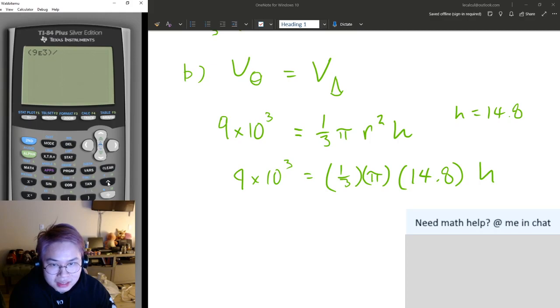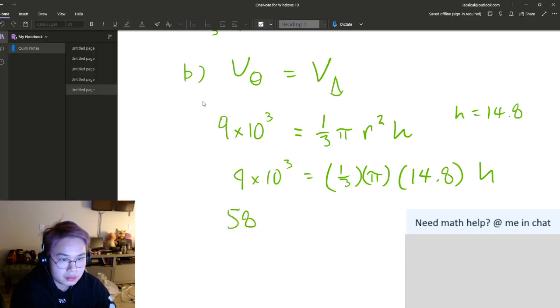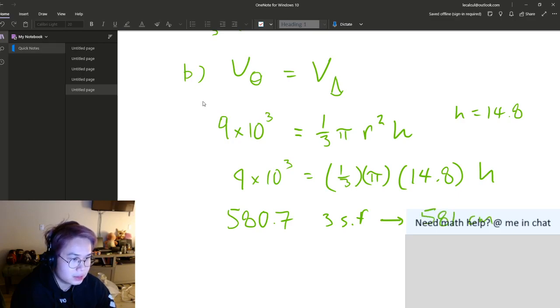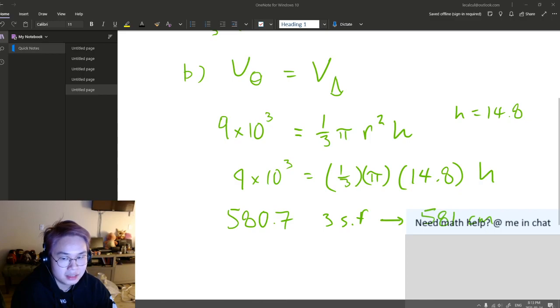Oh, there it is. Second, this thing, multiply by 3, divided by 14.8. And then here's your radius. So what is that? 580.7. And then you have to be careful for math and IB. We have 3 significant figures, so the answer is 581 centimeters. Nice. At least I hope it's right.